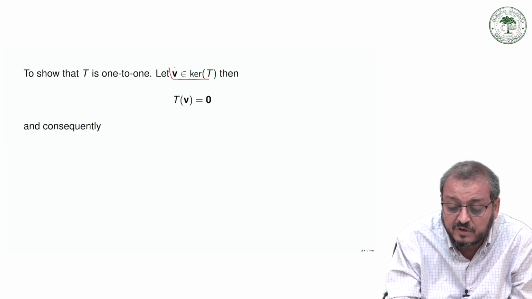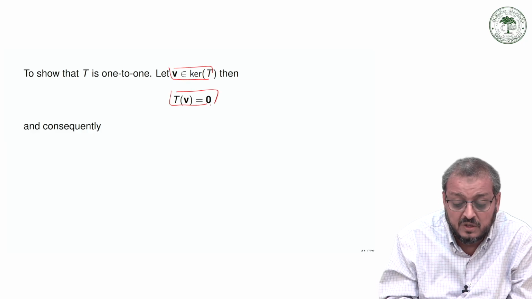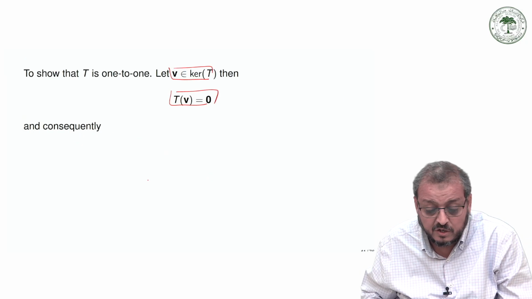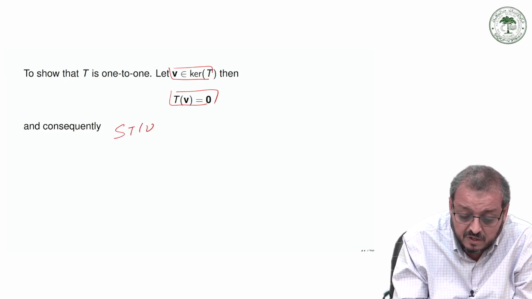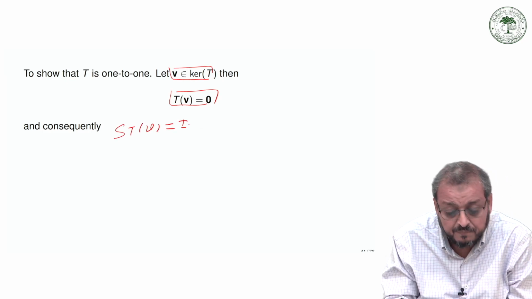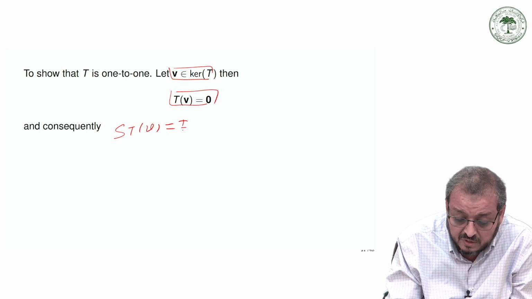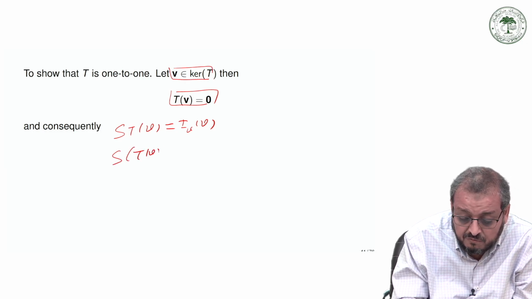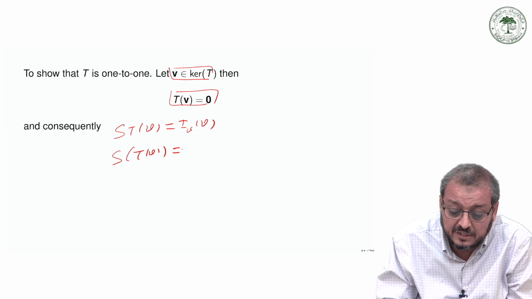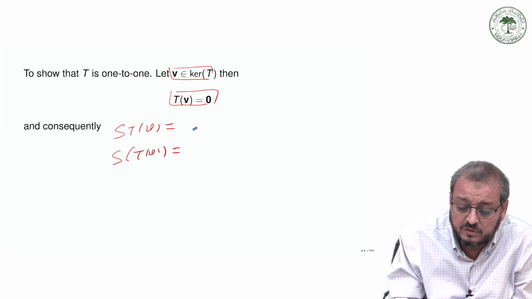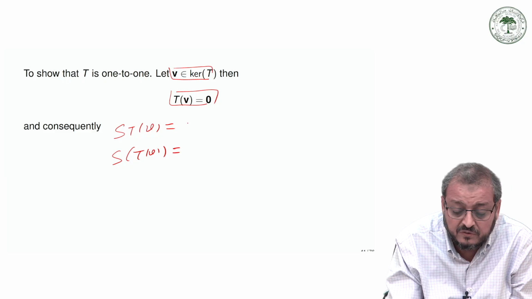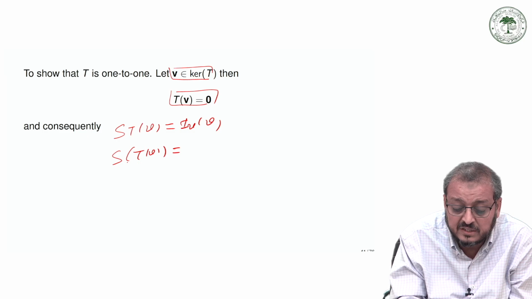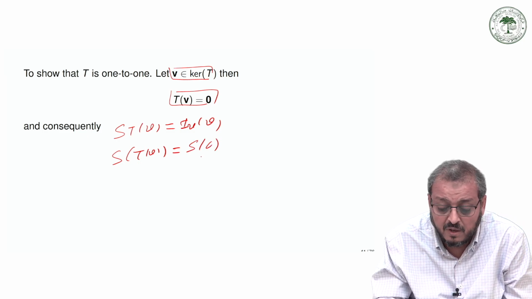So let v be an element of the kernel of T, then T of v is equal to 0. If T of v is equal to 0, then we know that ST is equal to identity of V. So ST of v can be written as identity of v. Operating S on T of v, we get S of T of v equal to S of 0.